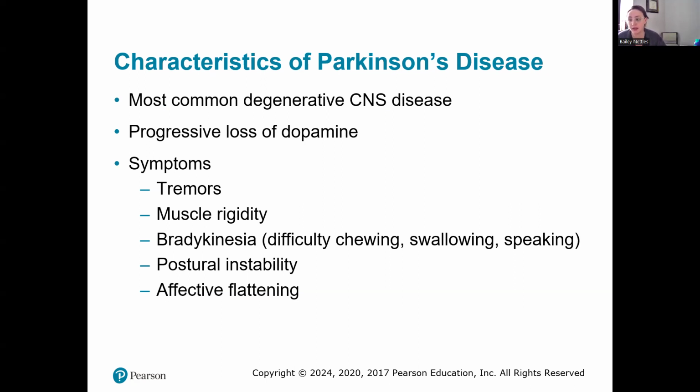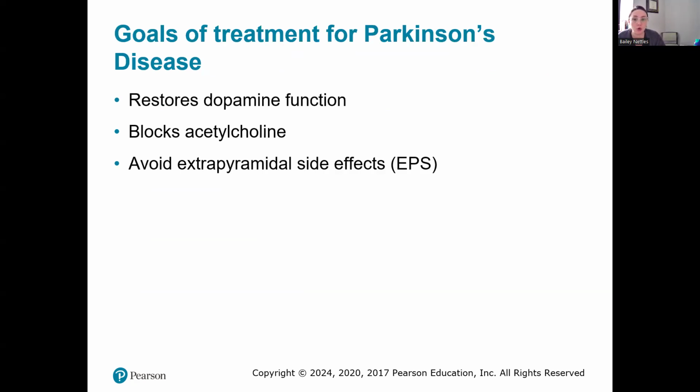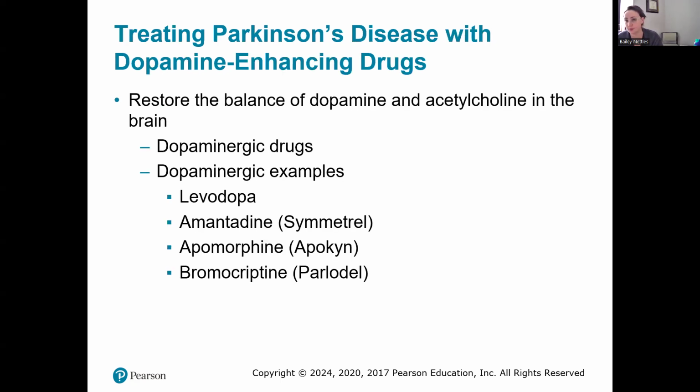It also can affect the dopamine and acetylcholine in the corpus striatum, which affects your balance and posture, your muscle tone, and your involuntary movement. The absence of dopamine allows acetylcholine to be stimulated more. So the goals of treatment are to restore dopamine function, block acetylcholine, and avoid EPS.